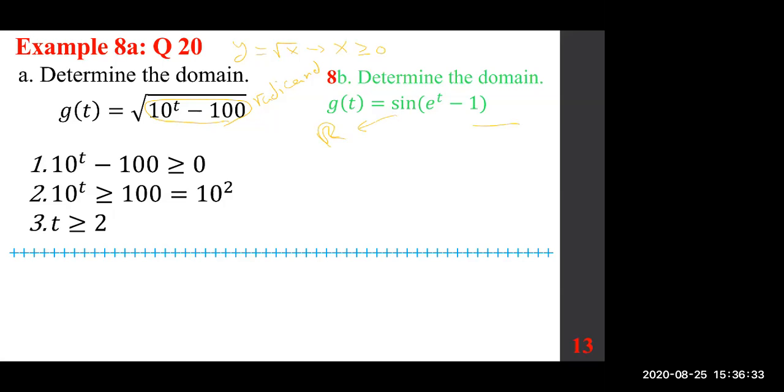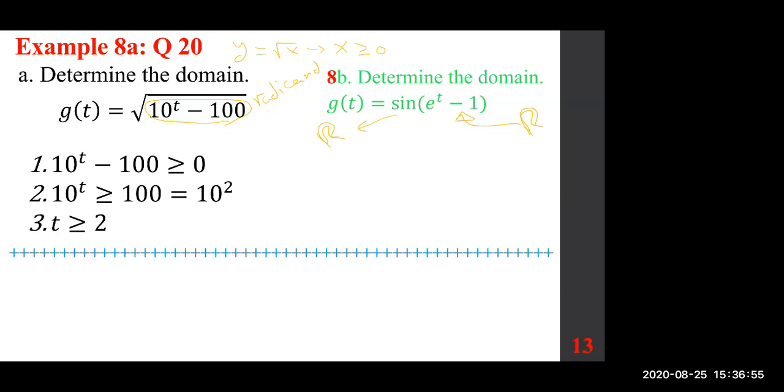And then inside, now you're going to look at the restriction on the inside, because the inside might give you a restriction. But if you recall, exponential functions, e to the power of x, don't have any restriction. So the domain for the inside is also all real numbers. So the sine doesn't give you any restrictions.